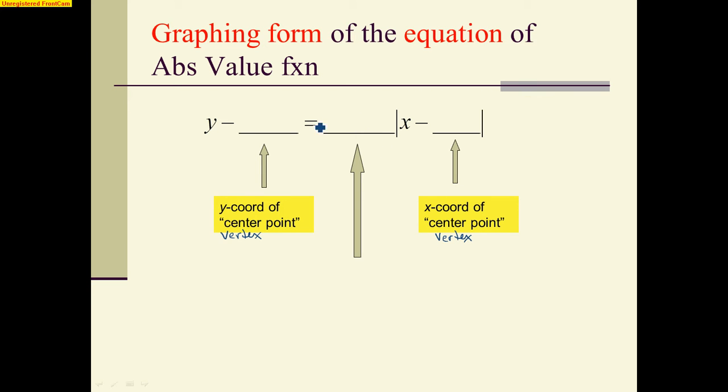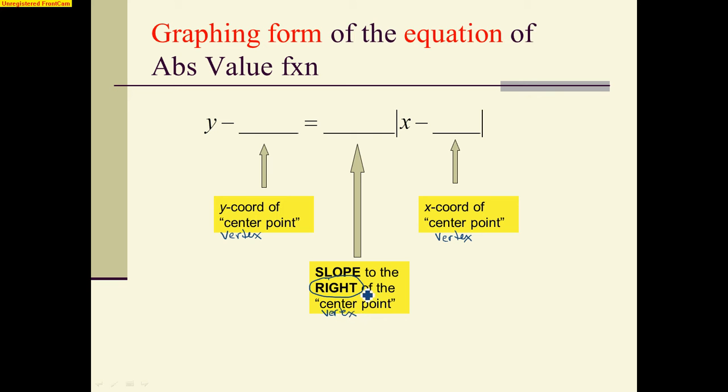The slope changes on either side of the vertex. Someone decided that the slope written in the equation would always be the slope to the right of the center point, which is the vertex.